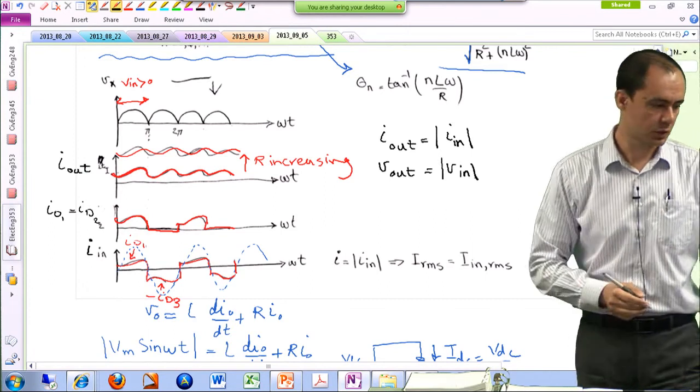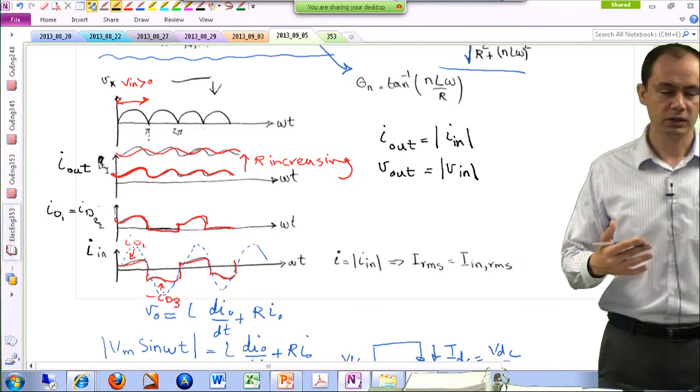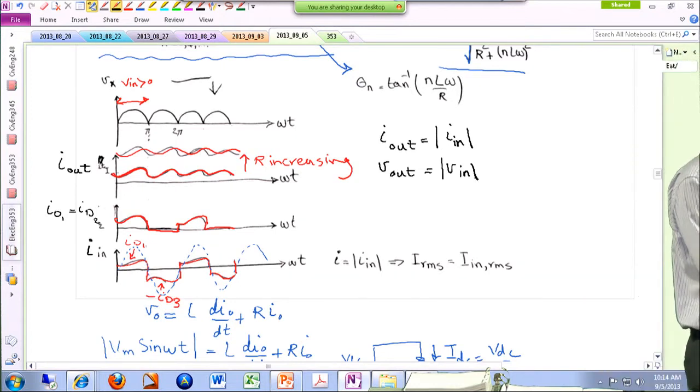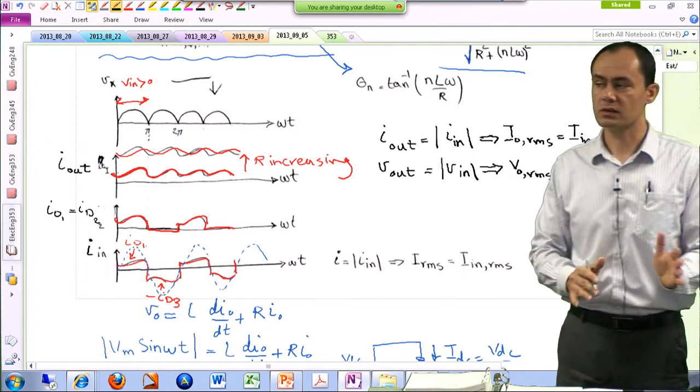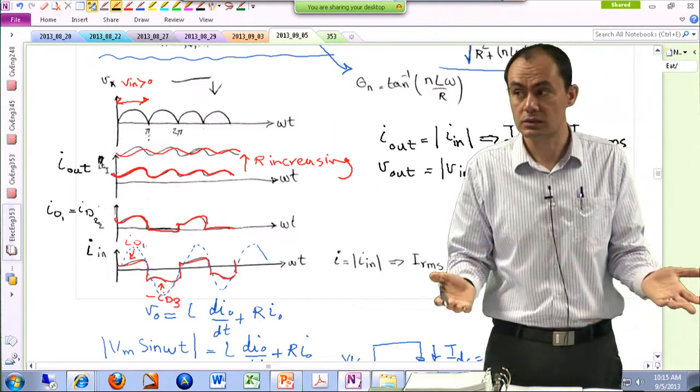All right, so please remember these two equations. And remember, whenever we are taking the absolute value of a signal, its RMS value doesn't change. You already saw this in the rectifiers that we were working on last time. Also here for the current it holds. So I out RMS is the same as I in RMS. If you have the RMS value of one of these guys, you don't have to calculate the other one. You can just say they are basically the same.